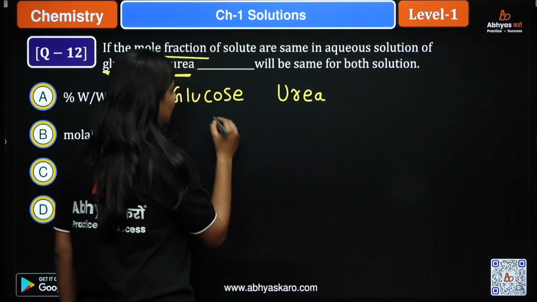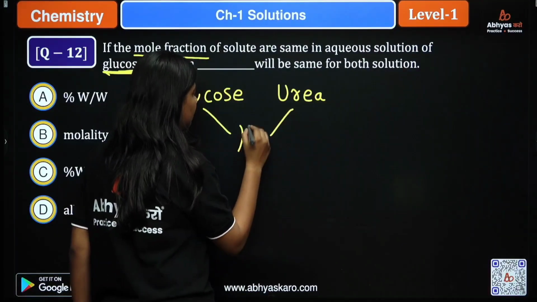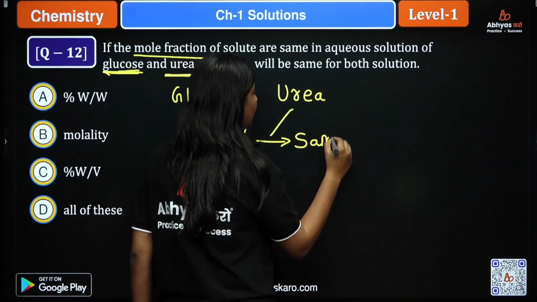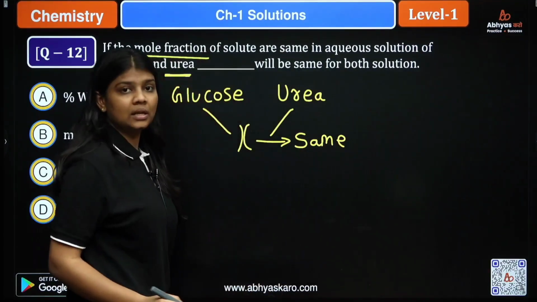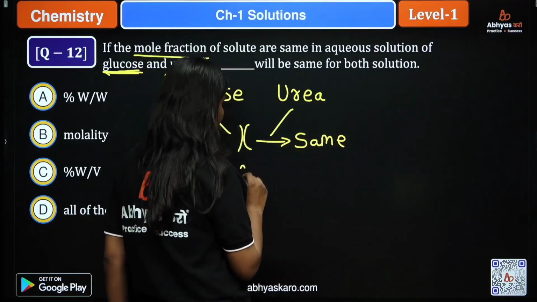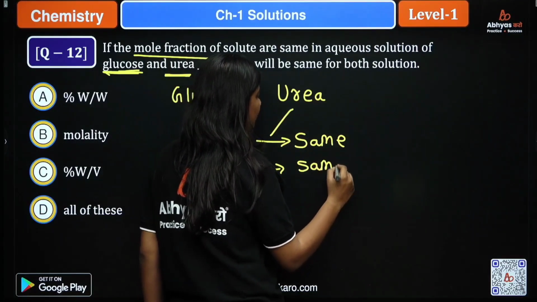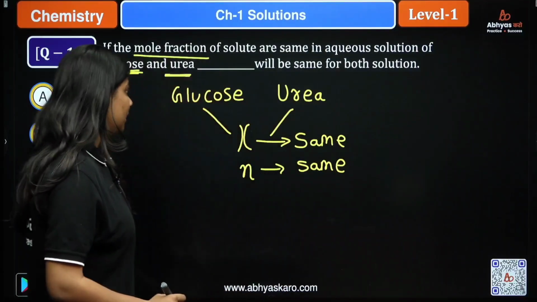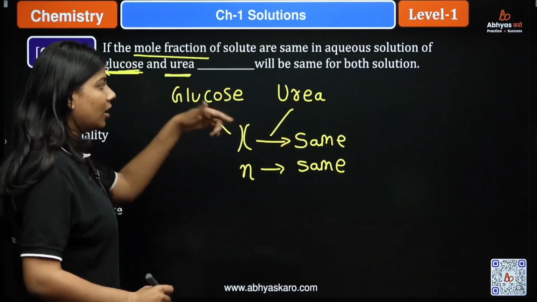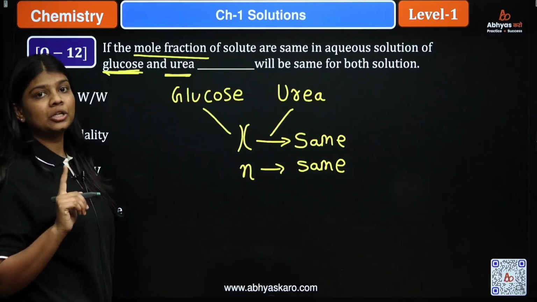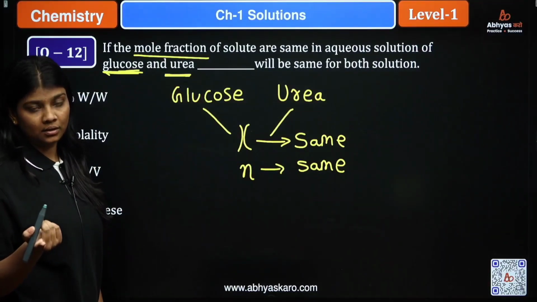They are asking if the mole fraction, denoted by chi, is the same for both solutions, that means the number of moles will also be the same. So we have to find which concentration term is defined in terms of number of moles.